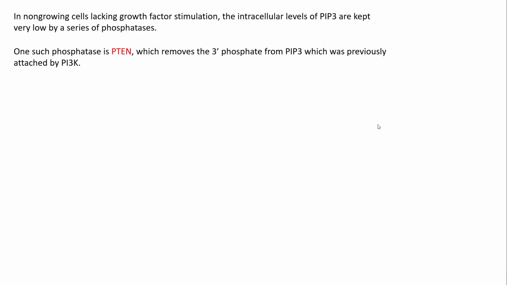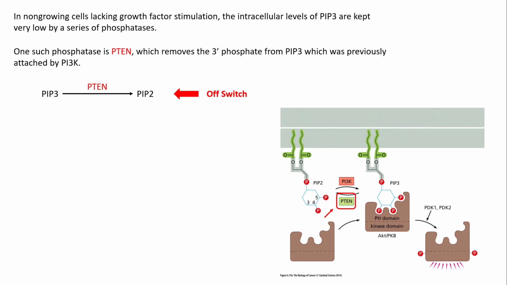One such phosphatase is PTEN, which removes the 3' phosphate from PIP3, which was previously attached by PI3 kinase. So PIP3 to PIP2 catalyzed by PTEN is the off switch. PIP2 to PIP3 catalyzed by PI3 kinase is the on switch.